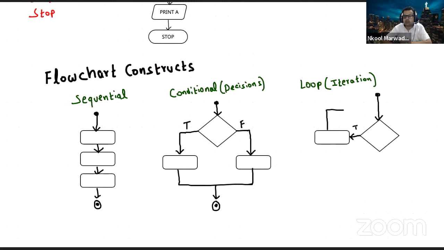And if it is false, then I will come outside the loop. So this is how the loop works. This loop is very important.